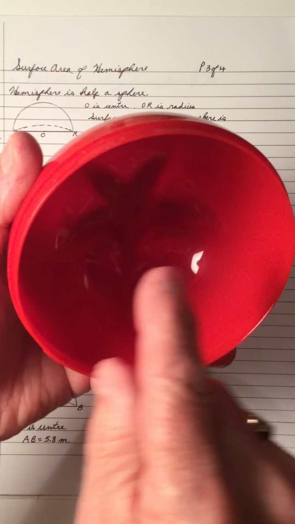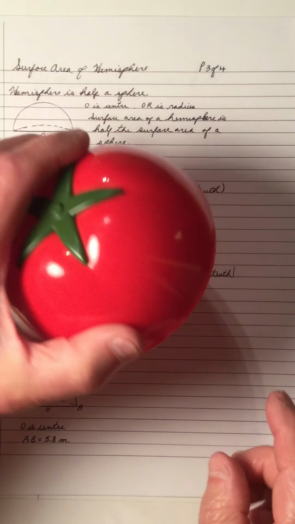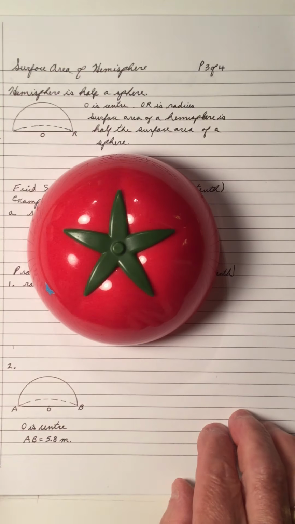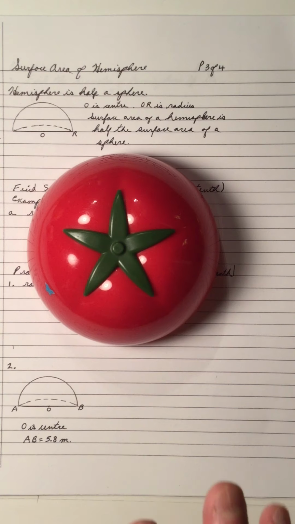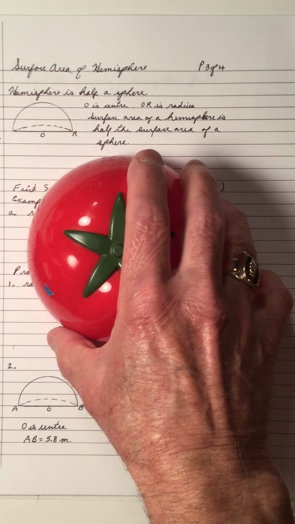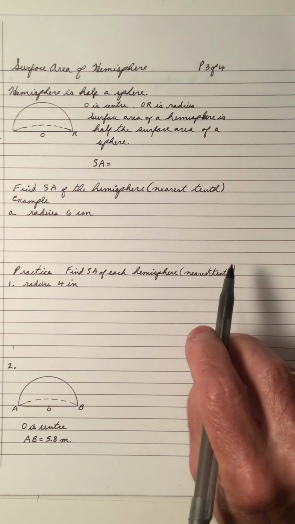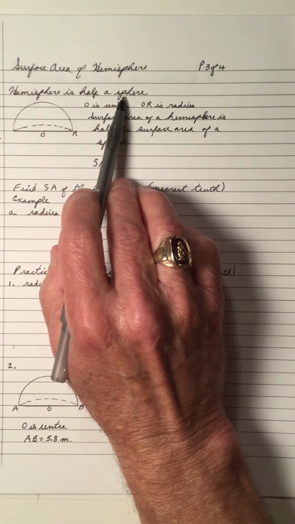Think of a globe, a dome, like a baseball dome or a dome over a football stadium. So that's what we're talking about. A hemisphere is half a sphere.